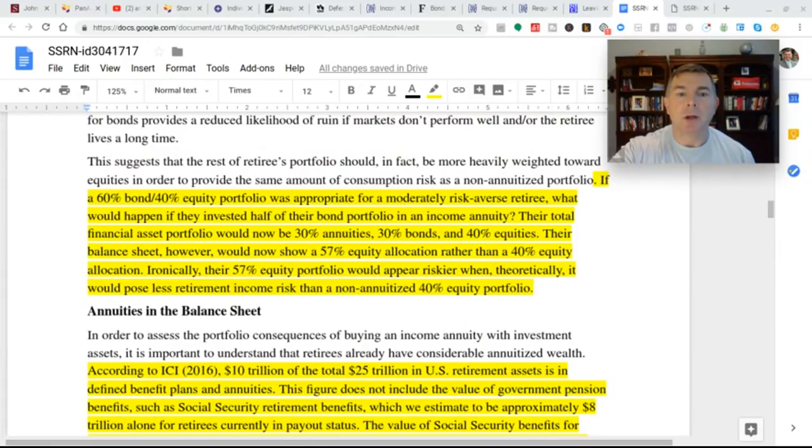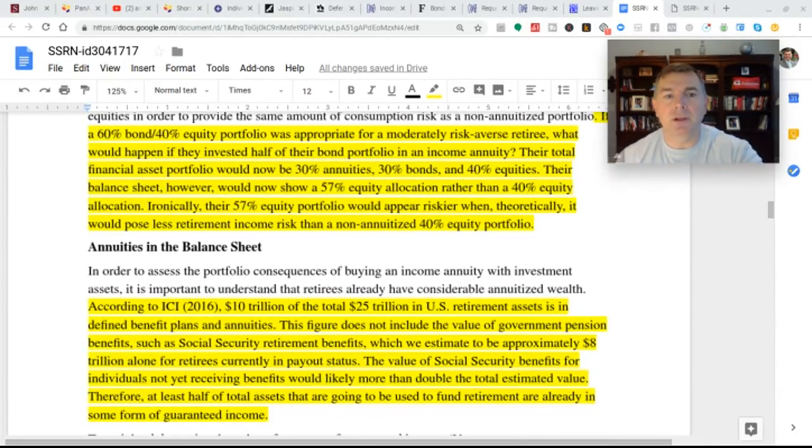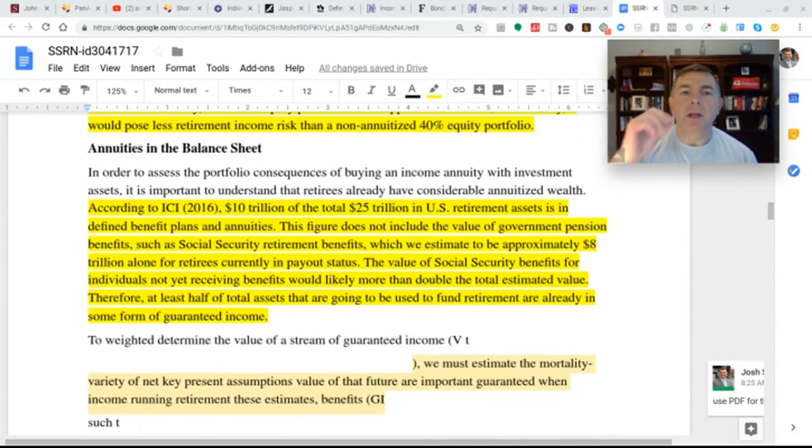According to the Investment Company Institute in 2016, $10 trillion of the total $25 trillion in U.S. retirement assets is in defined benefit plans and annuities. That's 40%, my friends, of the entire retirement accounts in annuities and defined benefit plans.